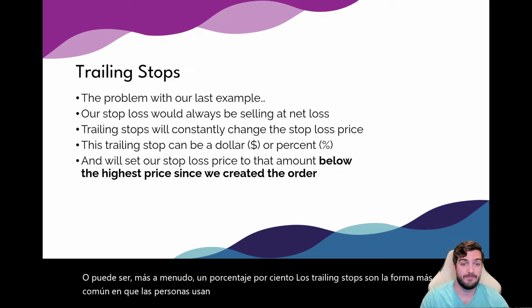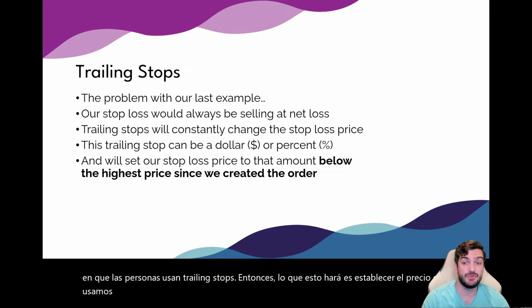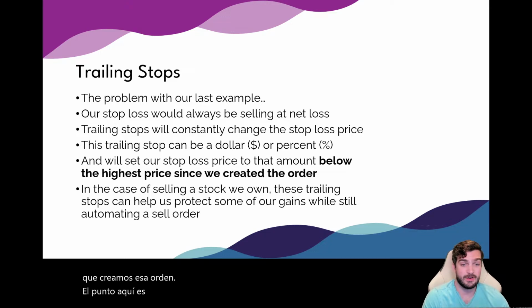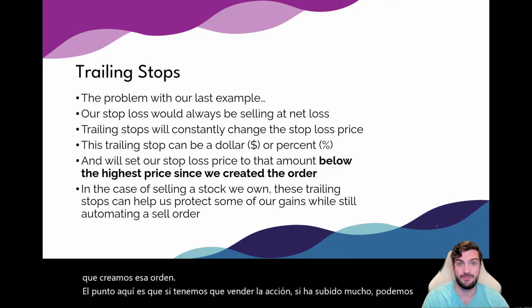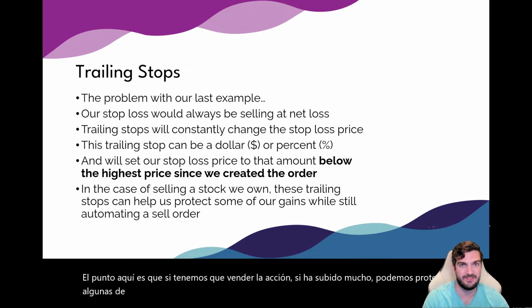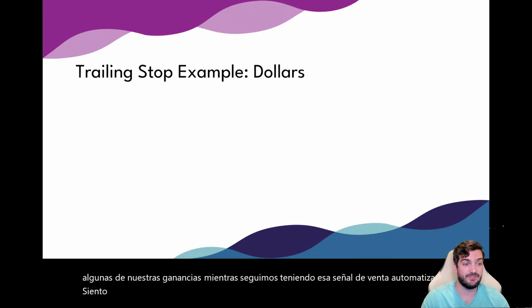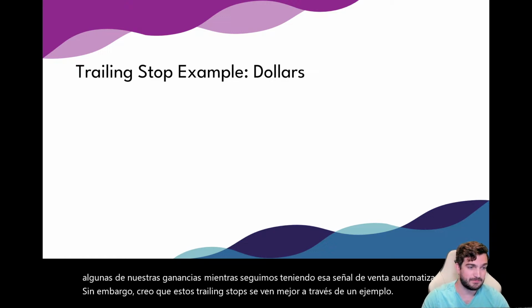So what this will do is it will set the price that we use for our stop loss to some amount below the new highest price since we've created that order. The point here is that if we have to sell the stock, if it's gone up a lot, we can protect some of our profits while still having that automated sell signal. I feel that these trailing stops are best seen through an example. So let's do a quick example.